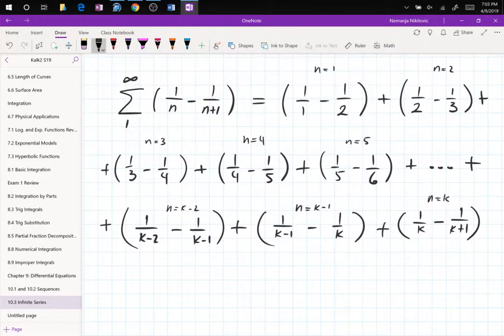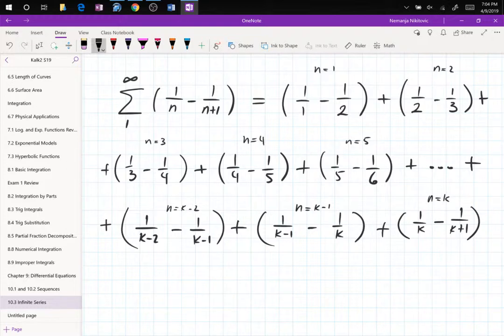So now these are finite terms. I can pick k to be 100 or 10,000 or whatever, right? So I turned my infinite series into a finite series, and then I'm going to send k to infinity. The same hack that we used for improper integrals, sorry.